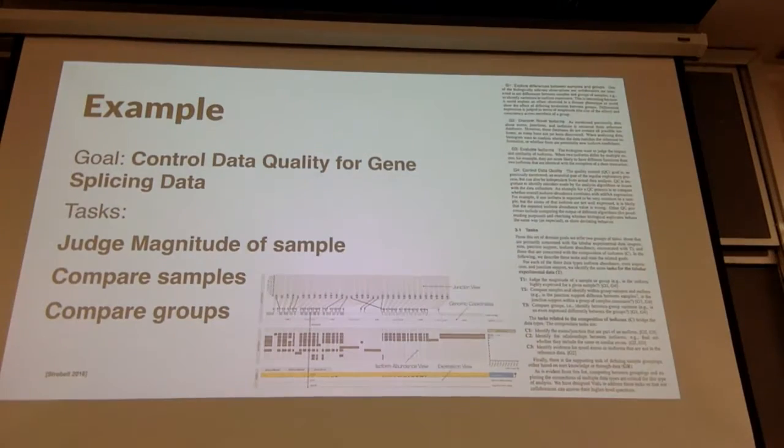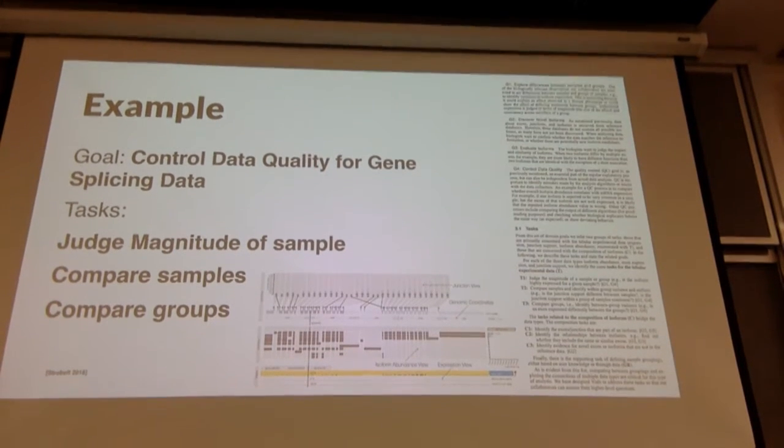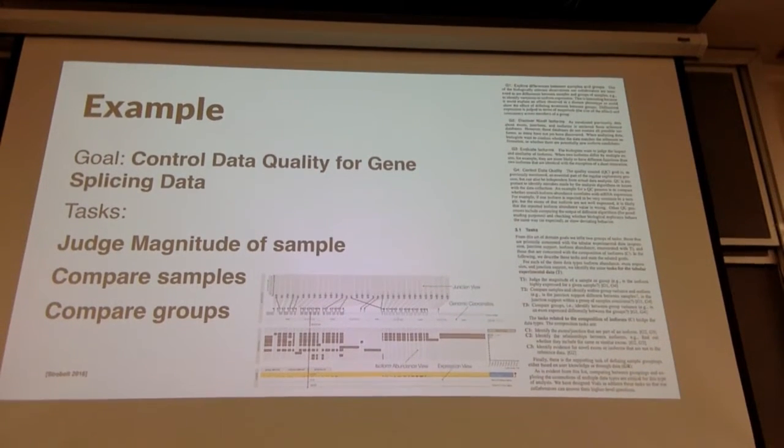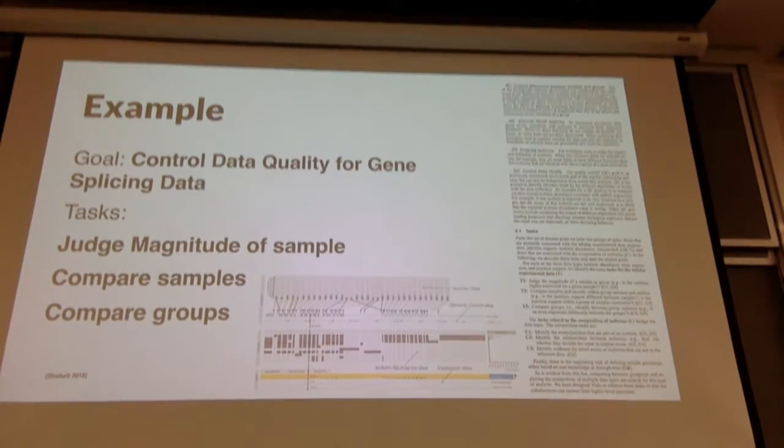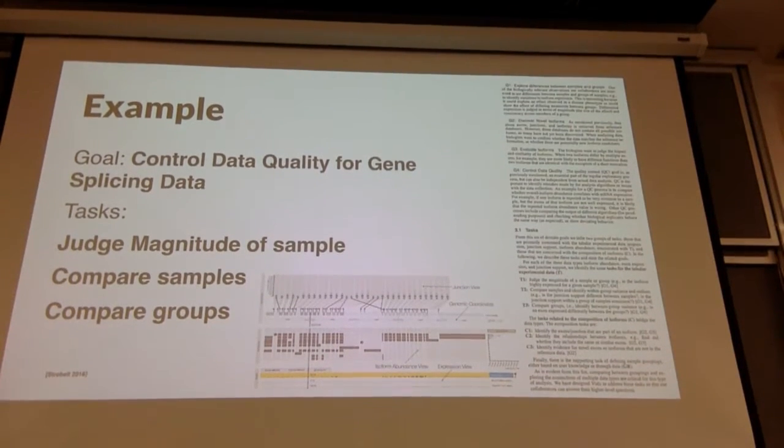Now I'm trying to break down what control data quality means for this data set. It turns out the things involved are to judge the magnitude of a sample, compare samples, and compare groups. These are the broken down tasks for this much higher level domain task. And then down here is the visualization technique that we designed to answer these questions. But I don't want to go too much into details.